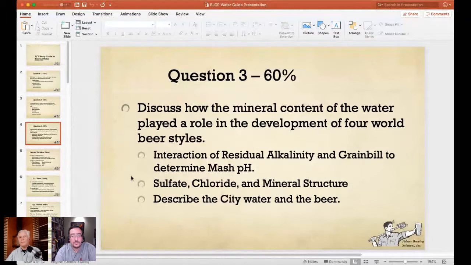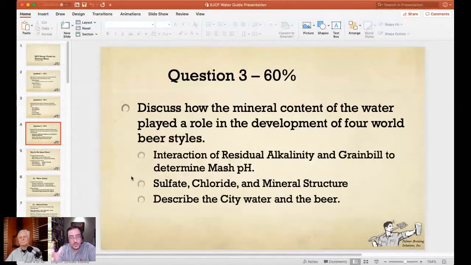Also, then you have the sulfate, chloride, and mineral structure characteristics of the water and how they affect the beer flavor. And once you've described those interactions of how water affects beer flavor, now you can describe the city and its water and the development of a particular beer style.